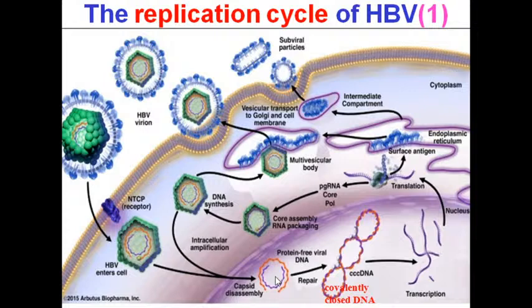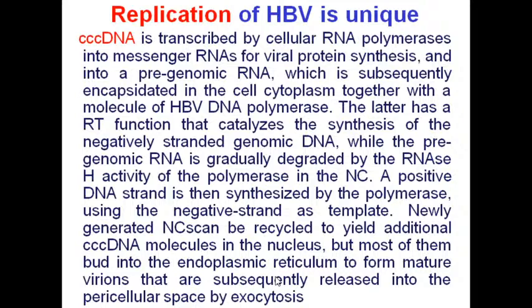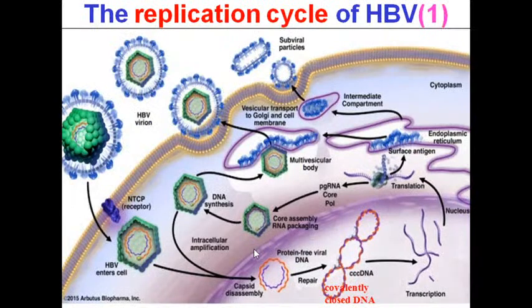This is a very important property, right? So the DNA appears in the nucleus. And it is very important that the first thing the polymerase has to perform is completing the genome.